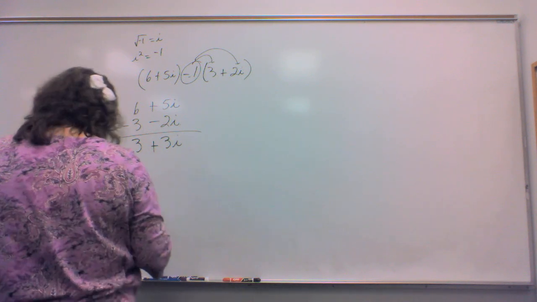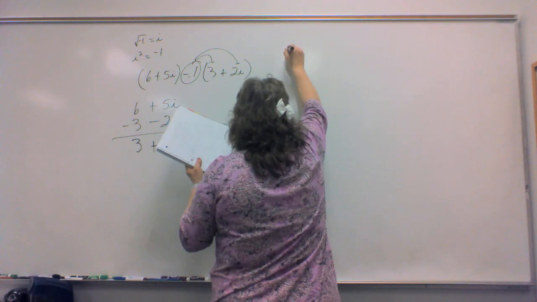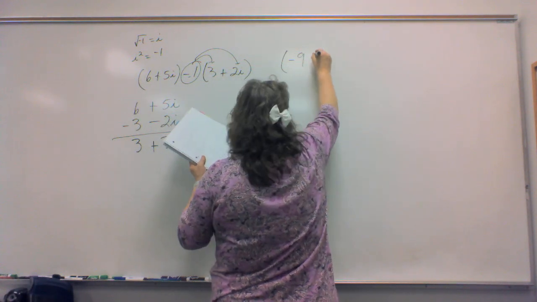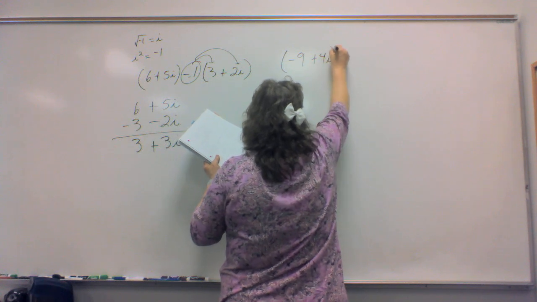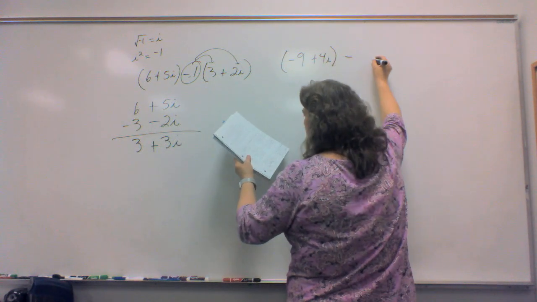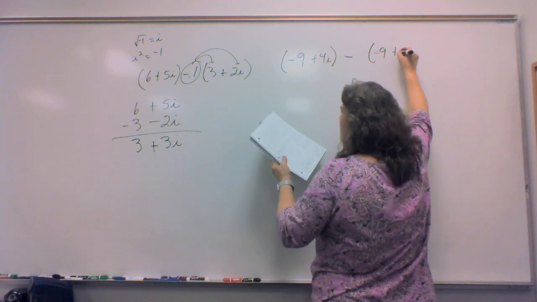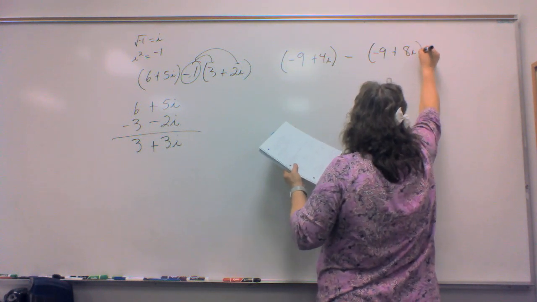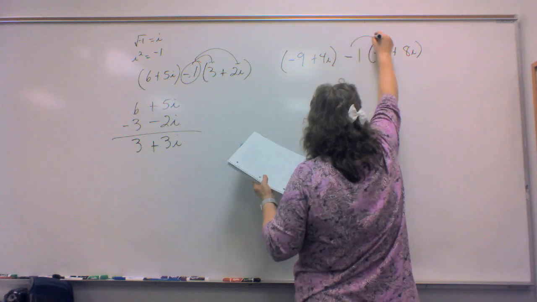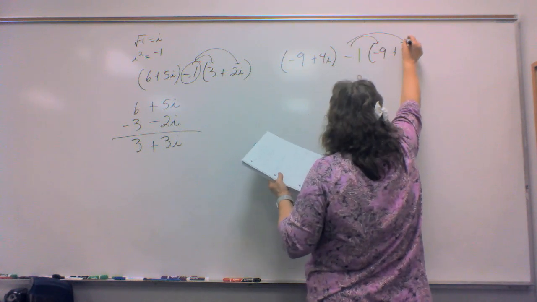Okay, let's look at one more subtraction. (-9 plus 4i) minus (-9 plus 8i). Again, make this -1 and distribute it to everything inside.